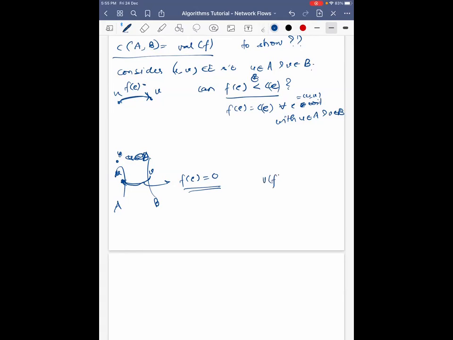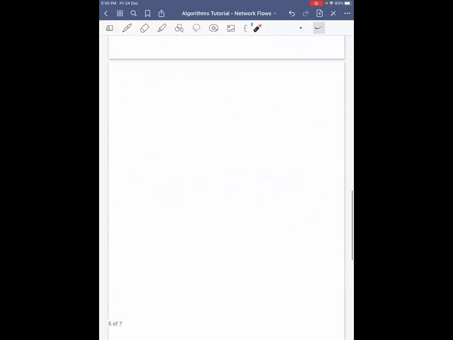So if you compute the value of the flow, f out of A is going to be the capacity of the cut (A, B), and f into A is going to be 0. That means given this flow, we have exhibited a cut whose capacity is the same as the value of this flow. Therefore, your cut is indeed a min cut.